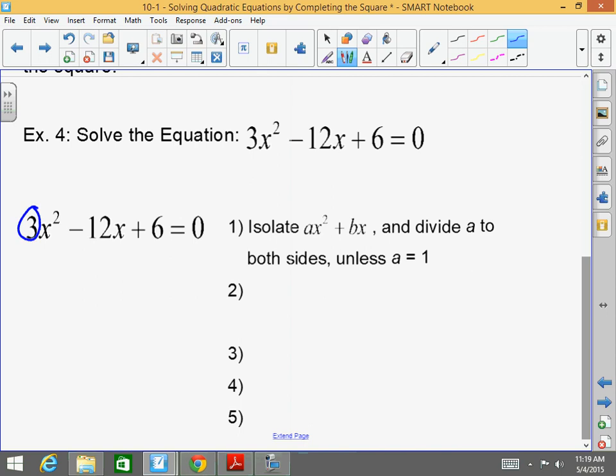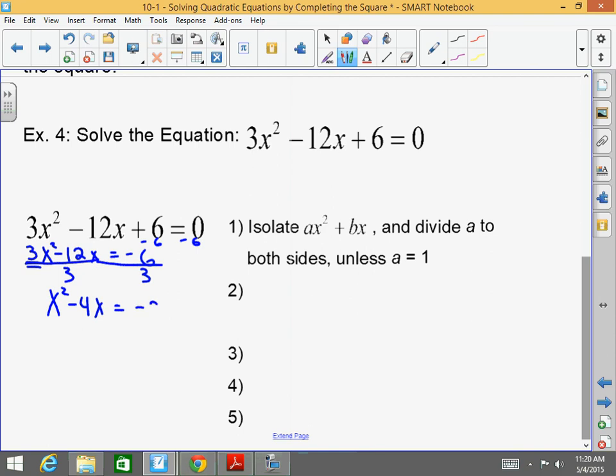That's your a. So the first thing I want to do is isolate the ax squared and bx. So I'm going to take 3x squared minus 12x, and subtract 6 from both sides, giving me negative 6. Now I cannot, I repeat, I cannot have an a in front of the x squared. So I'm going to divide everything here by 3, giving me x squared minus 4x equals negative 2.